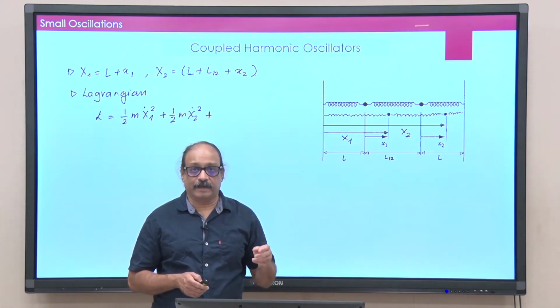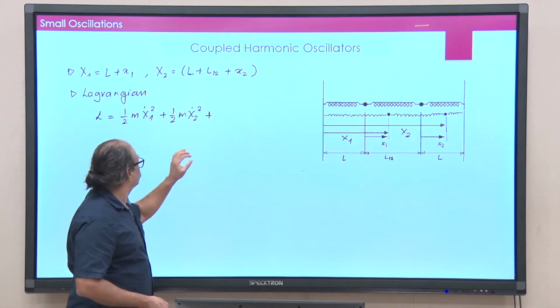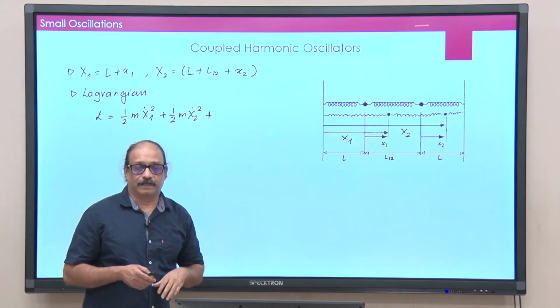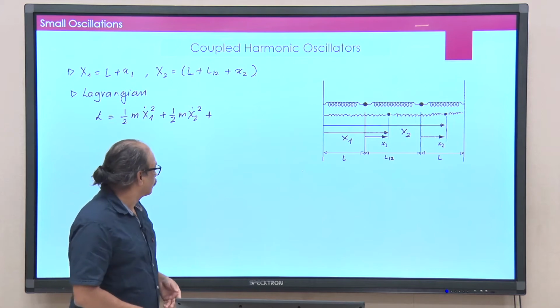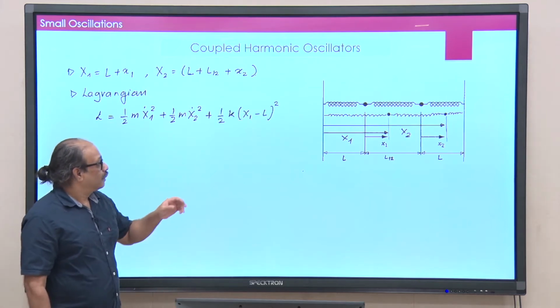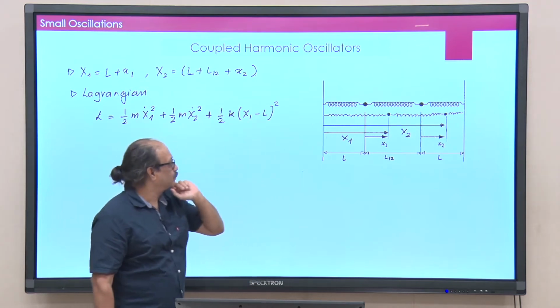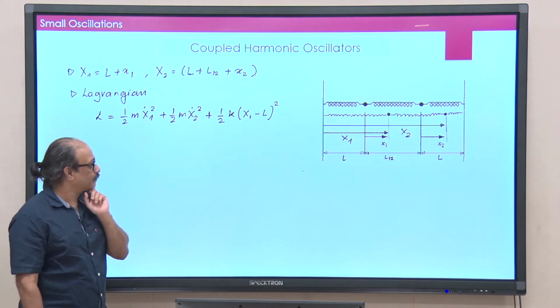The Lagrangian of course has a kinetic energy term which is half m x1 dot square plus half m x2 dot square, then the potential energy because of the first spring.